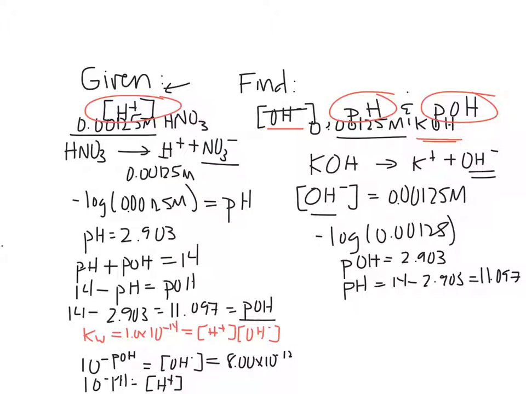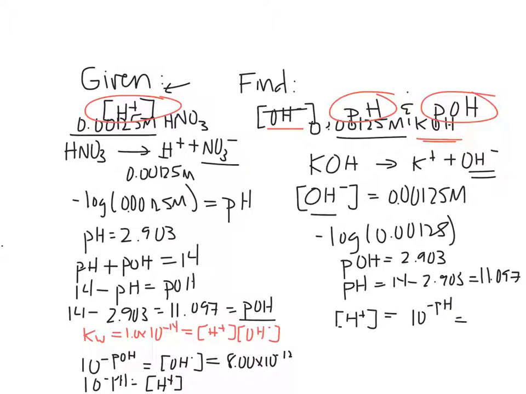Remember, this is a base. The pH should be greater than 7. Not surprisingly, I could use some of the same math here to end up finding my remaining information, which is the hydrogen concentration. Hydrogen concentration can be found from the pH. In particular, we know that it is going to be 10 to the negative pH value.